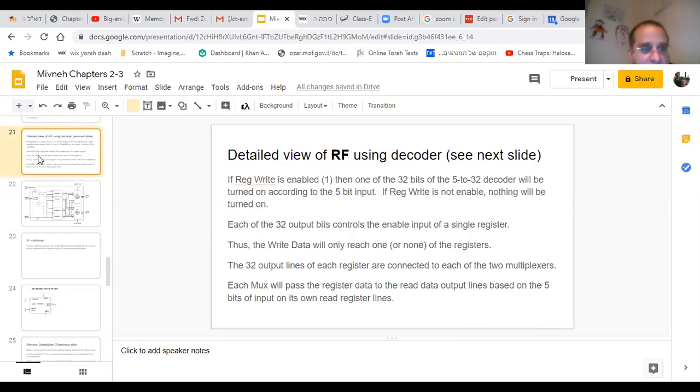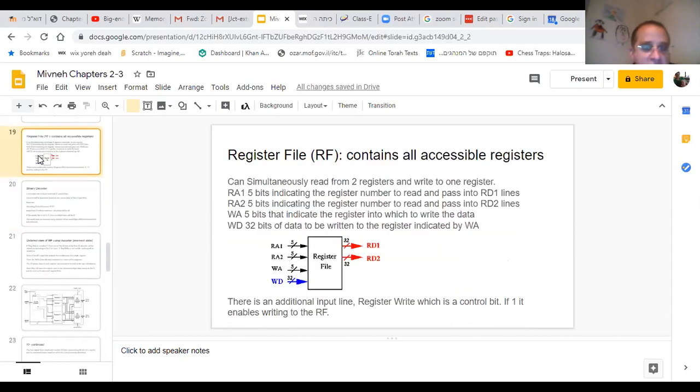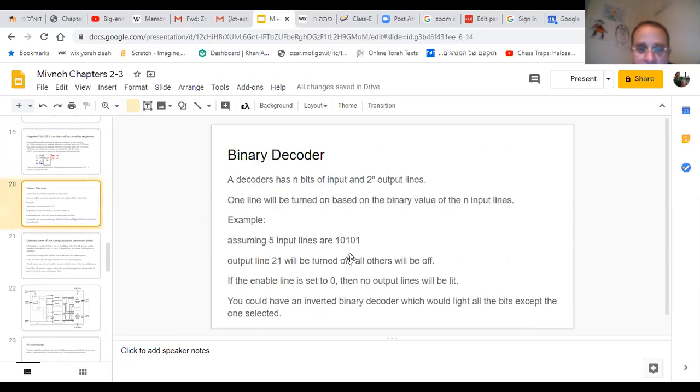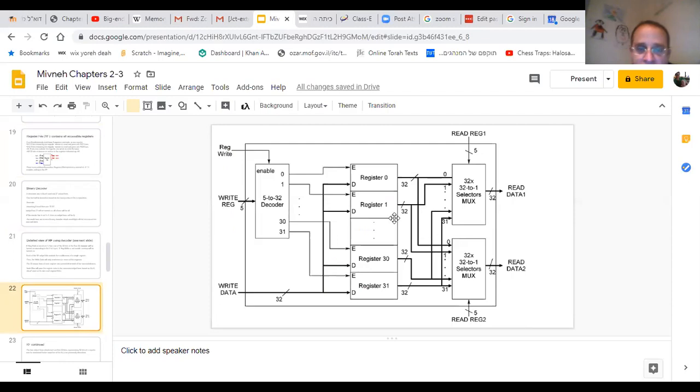And a decoder. And a decoder, right. This is the RF in a black box view with the lines in and lines out. And this is the internal workings of the RF. It's got a multiplexer there, and it's got a decoder there, both of which require logic gates. And these are flip-flops. So there's definitely logic gates.